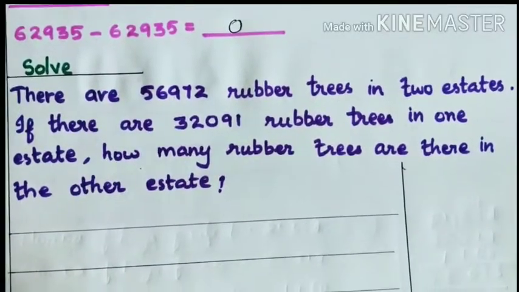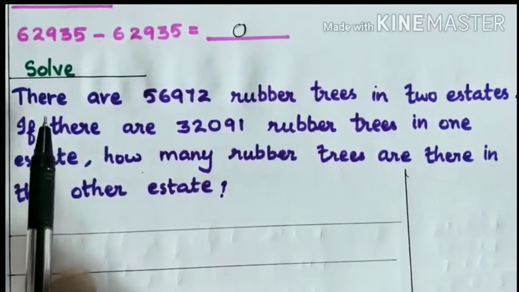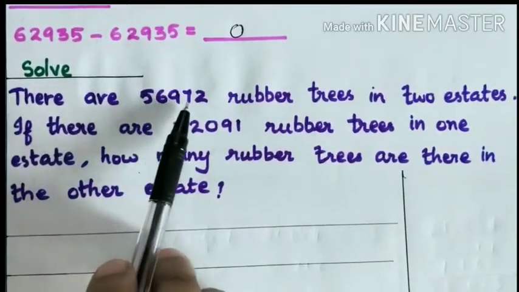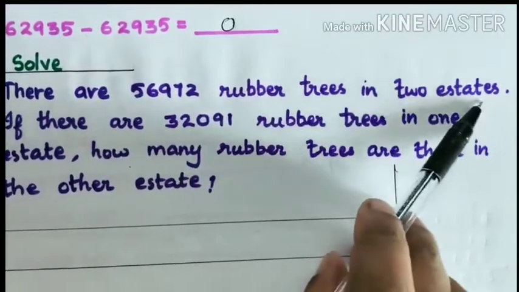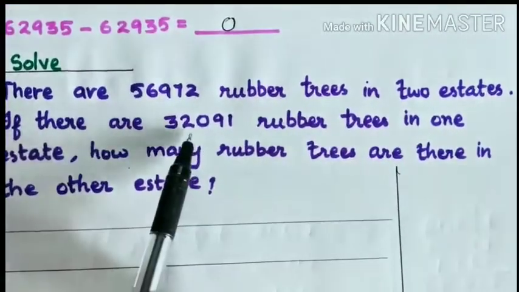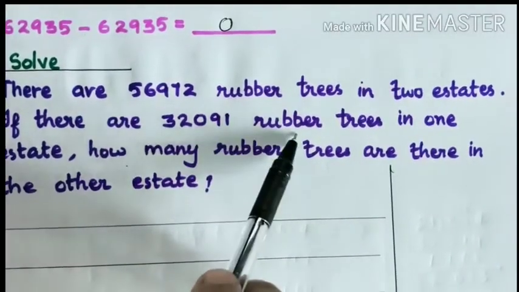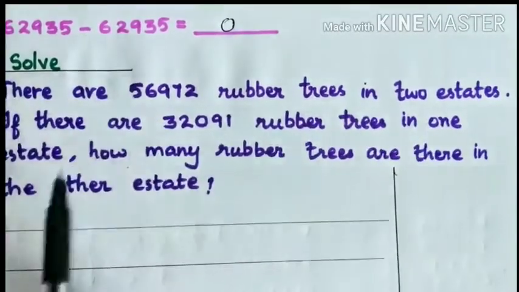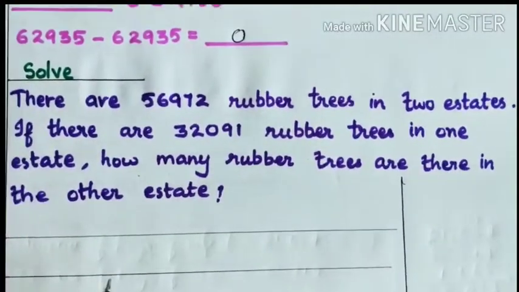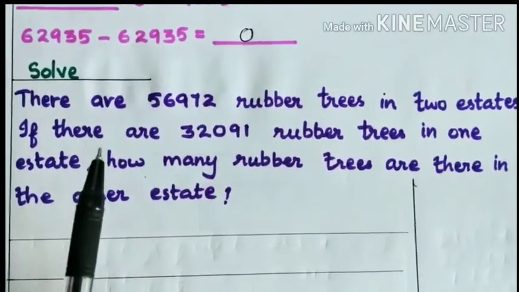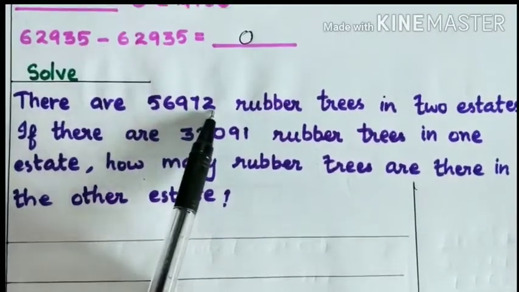Okay, next is a story problem. We have to solve it. There are 56,972 rubber trees in 2 estates. If there are 32,091 rubber trees in one estate, how many rubber trees are there in the other estate? First step, total number of rubber trees.